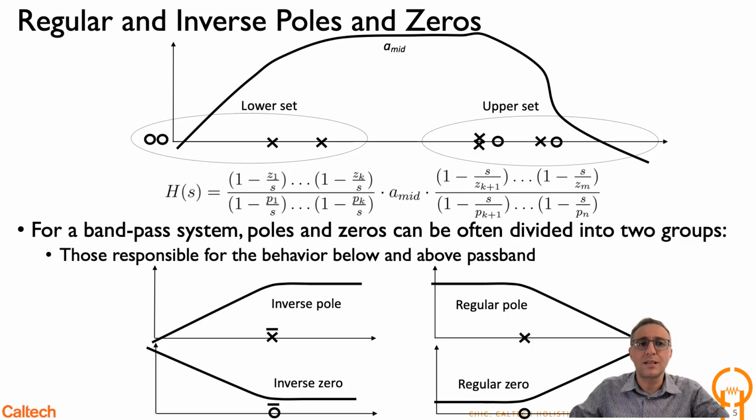What it produces is a transfer function that looks like a mirror image of that of a regular pole. This is what we call an inverse pole, and we show it with an X with a bar on top, so that's the inverse. An inverse zero similarly is a mirror image of the inverse pole. This allows us to think about them in a more natural way.